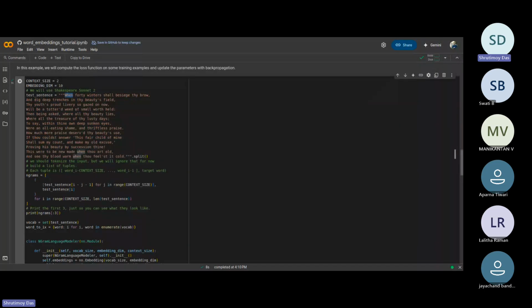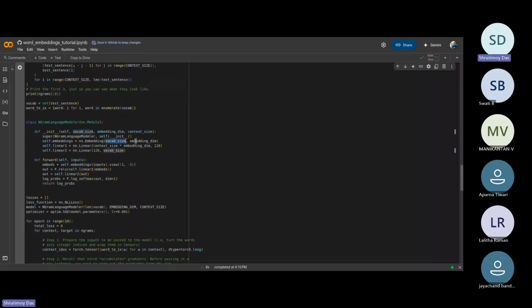At 0, I'll place a 1 and all of the others will be 0. So for one word, you need a 100-dimensional embedding. But if I don't want to use the naive one hot encoding, I want to use some advanced encodings, let us say the embeddings defined by PyTorch, then I just say I want a 10-dimensional representation of my word. So that's how you describe it in this.